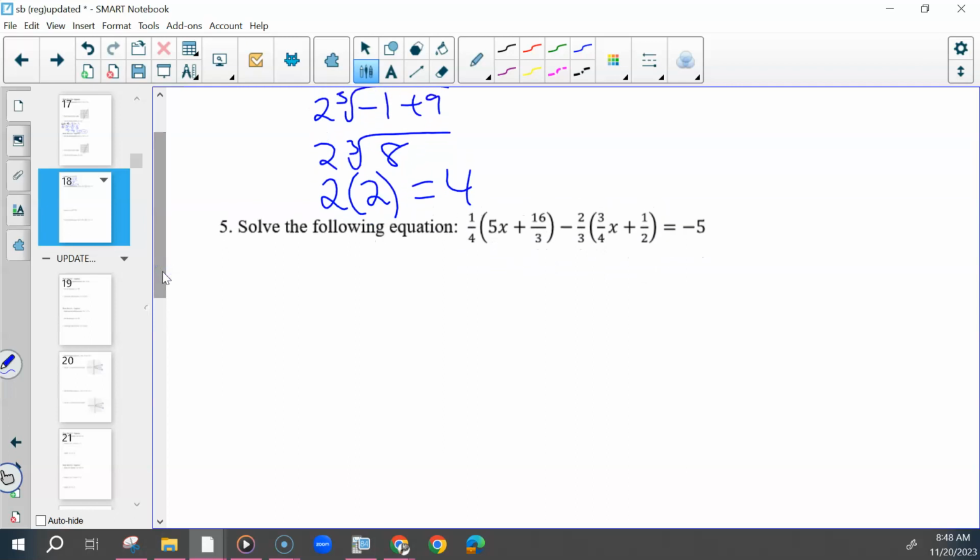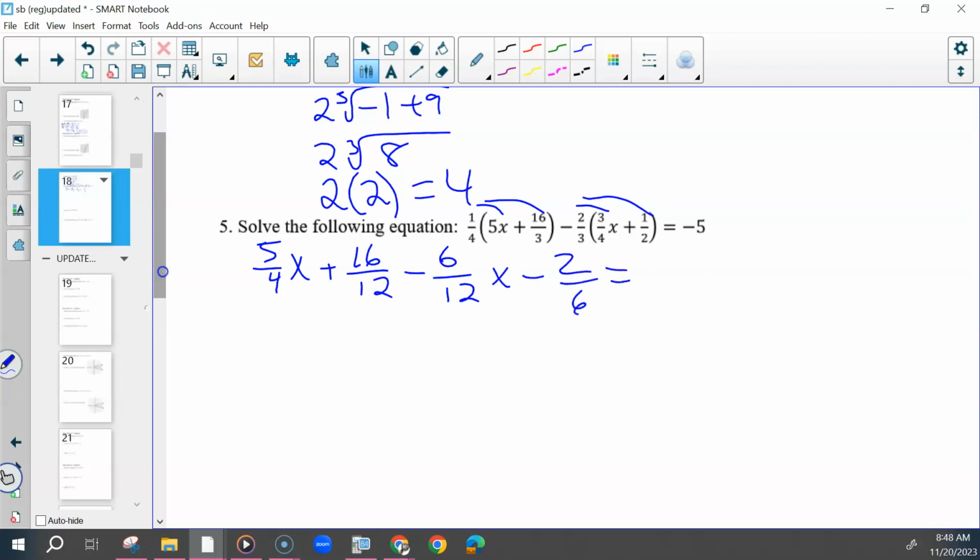And then the last one we needed to distribute. If you distributed and went straight into simplifying, that's fine. I'm just going to multiply as is first. We have 5/4 x plus 16/12 minus 6/12 x minus 2/6 equals -5.